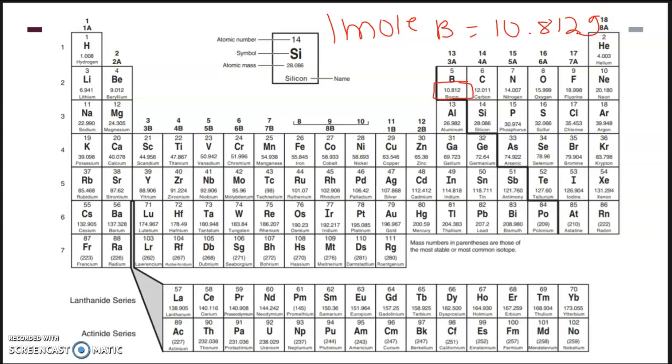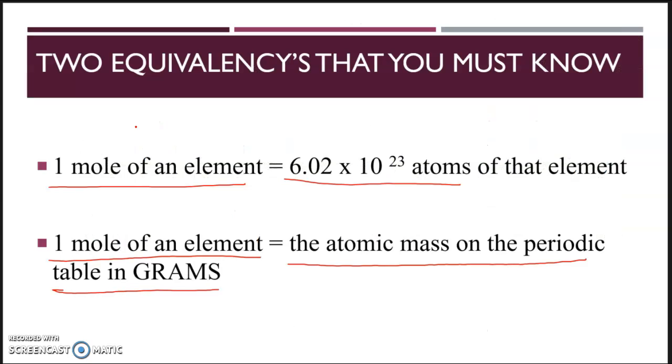If I have 1 mole of magnesium, it's going to equal 24.305 grams. So 1 mole equals 6.02 times 10 to the 23 atoms, but it also equals that atomic mass on the periodic table in grams. And these are 2 equivalencies that allow us to convert units.